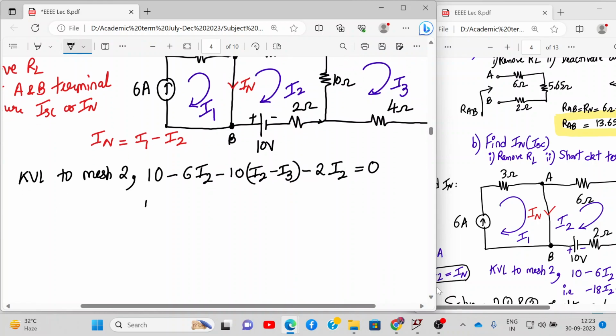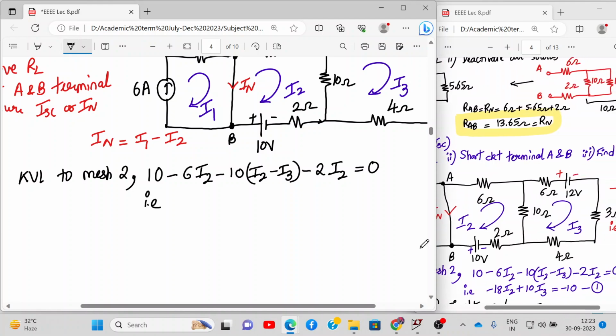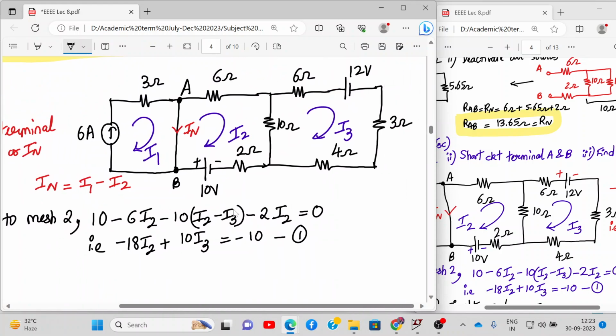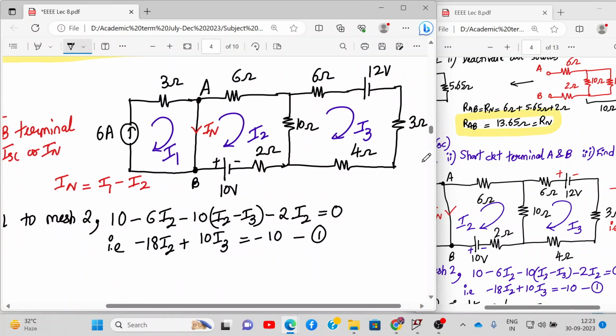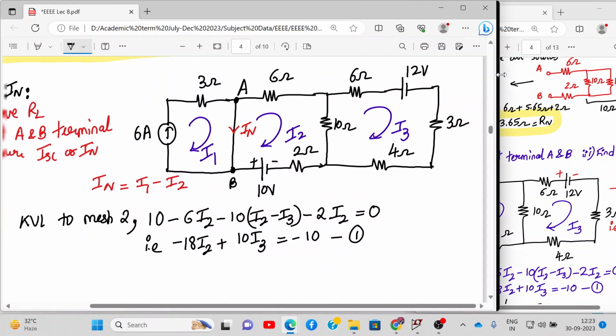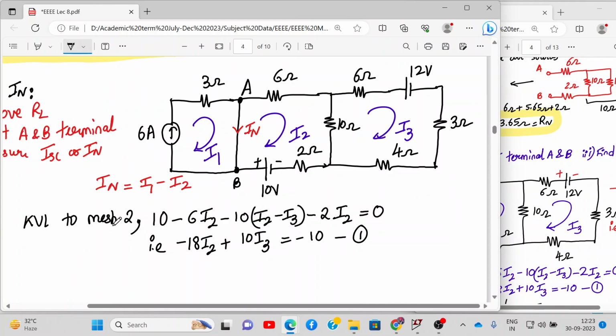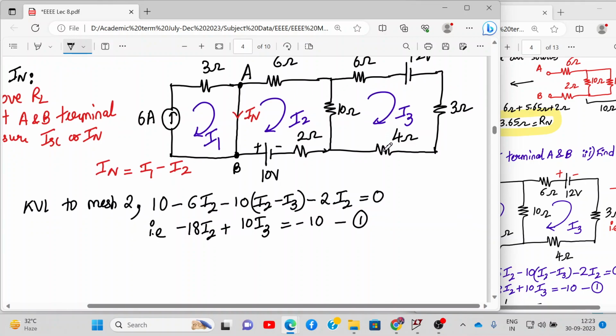If we rearrange it, what do we get? 6, 10 and 2, that will be minus 18 I2 plus 10 I3 is equal to minus 10. Let's call this equation number 1. This is the mesh analysis by applying KVL to mesh number 2. Now let's apply KVL to mesh number 3.